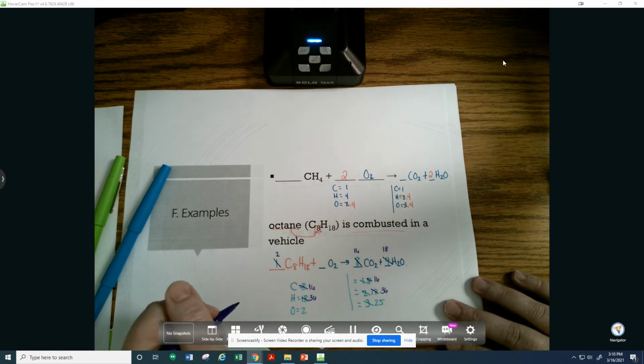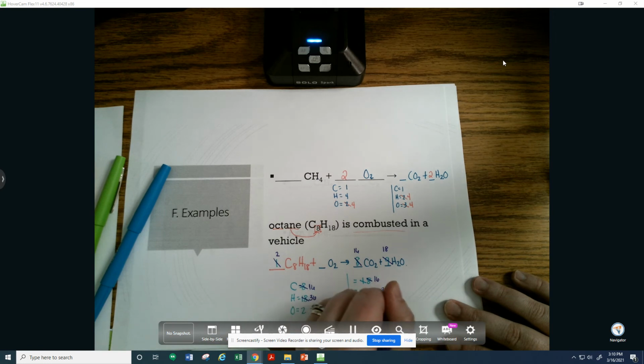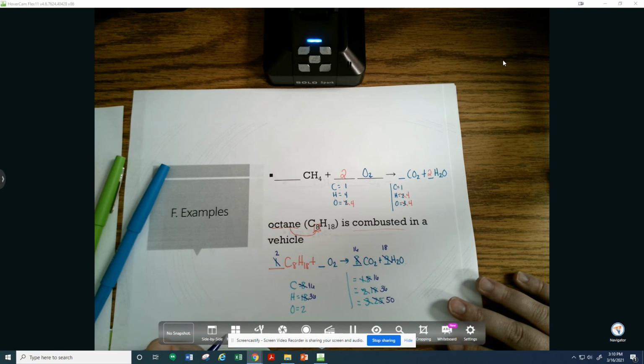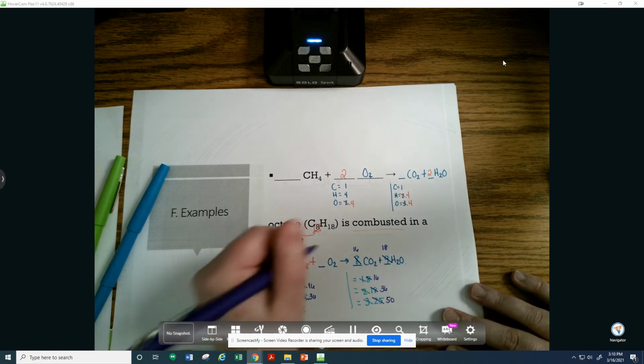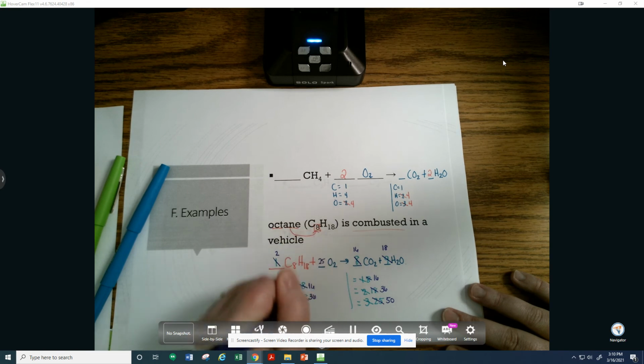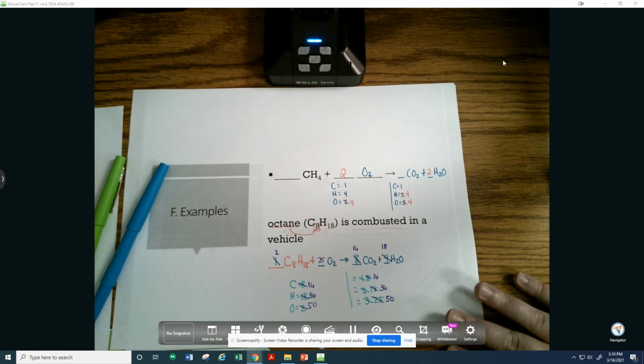And then from there, we've doubled our oxygen on the product side to give us 50. We've done nothing to the reactant side. Again, 50 something times 2 to get to 50 is going to be 25. And that takes care of that one with balancing.